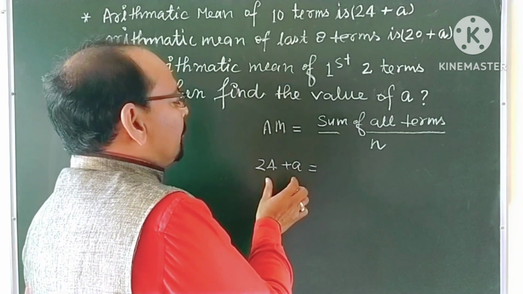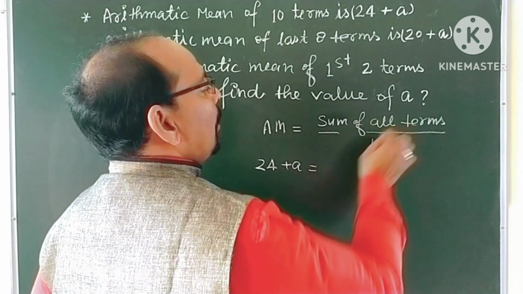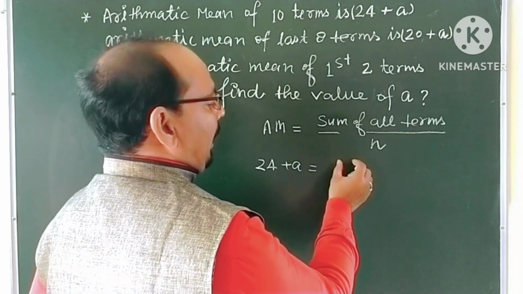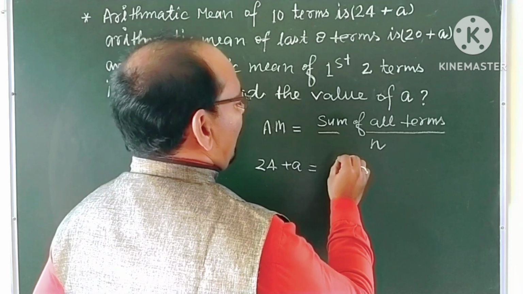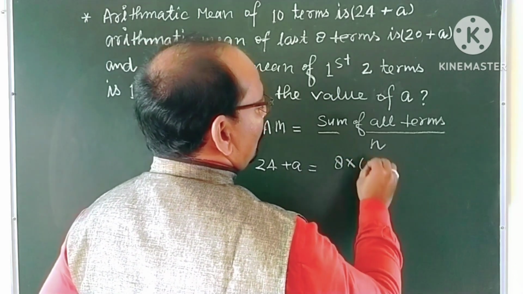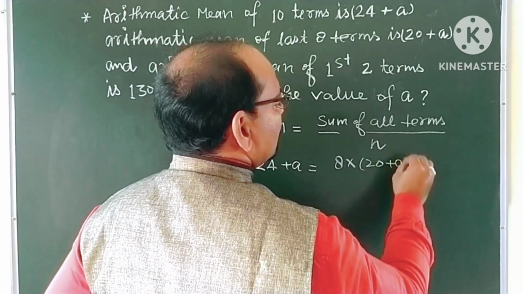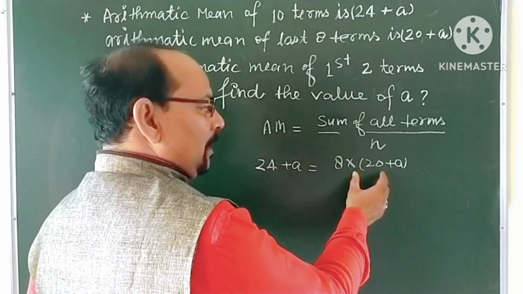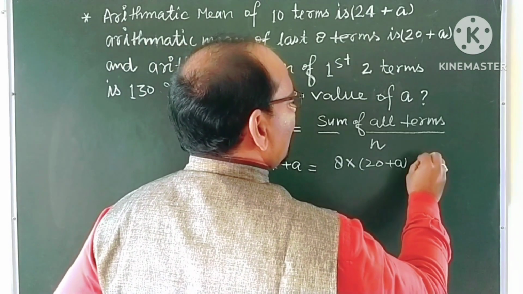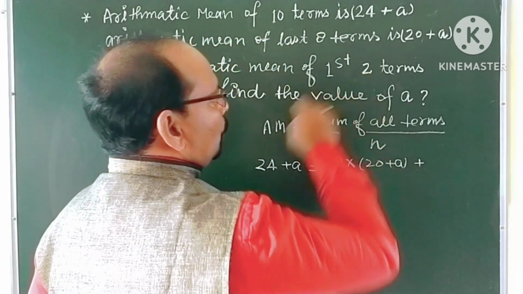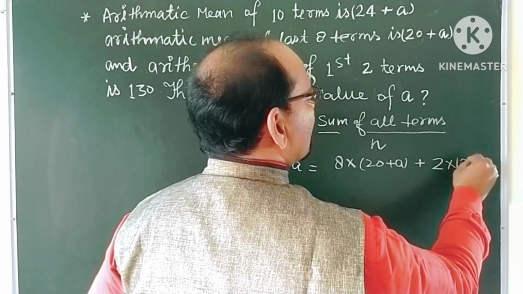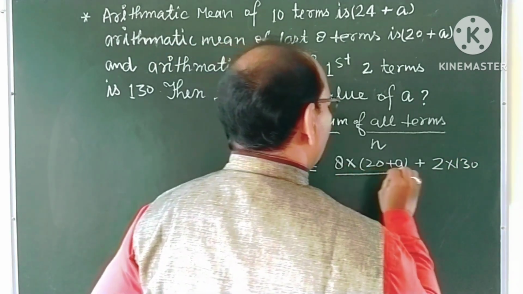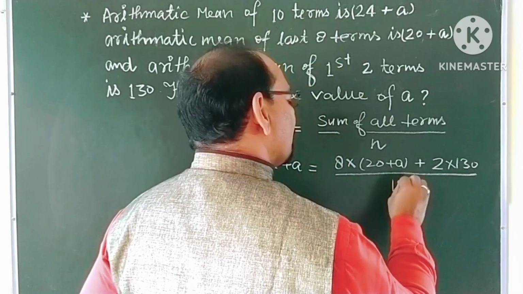The sum of all terms will be the sum of 8 terms plus the sum of 2 terms, therefore 8 into 20 plus a, plus 2 into 130 as given, and the total number of terms is 10.